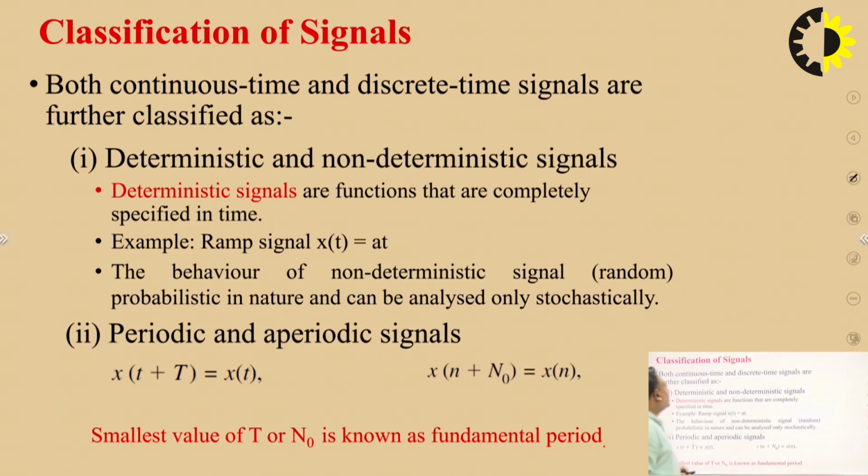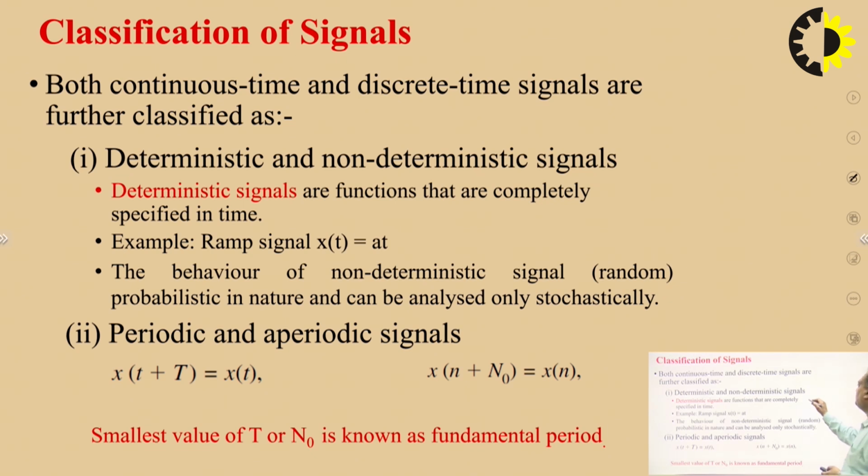Now we will see the classification. We have seen the broader classification; now each of the continuous and discrete time signals are classified in these manners. First is deterministic and non-deterministic signals. Deterministic signals are completely specified in time.